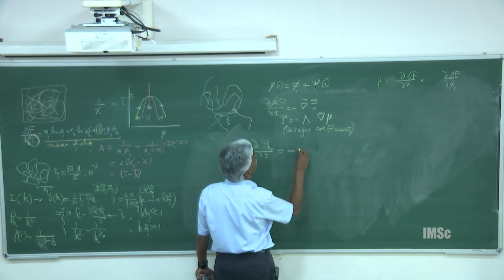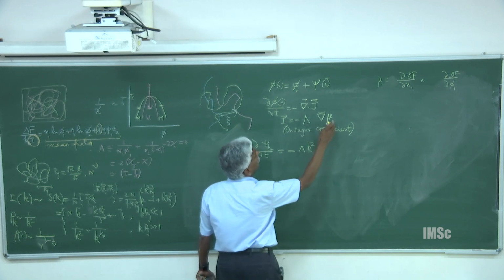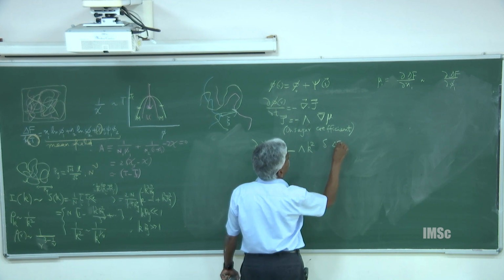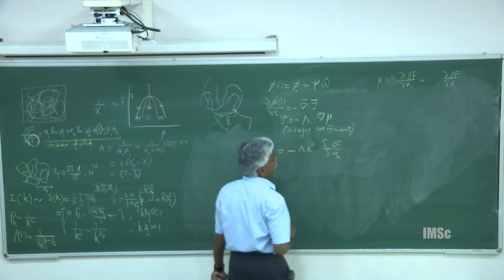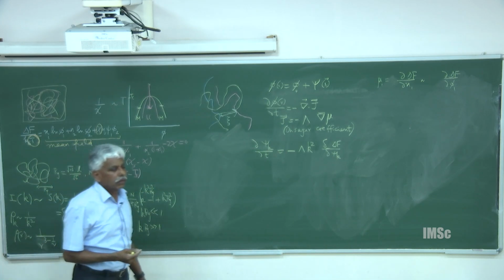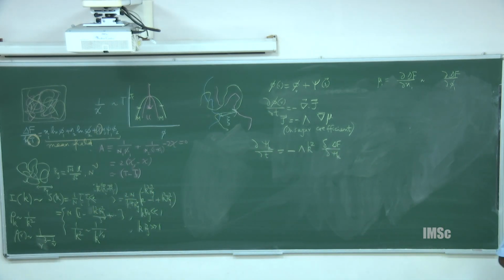Therefore, I get a negative lambda k square, right? And the gradient of that would be delta f in Fourier space, delta psi k. Okay, that's the equivalent of Fick's law, or non-equilibrium time evolution of fluctuations in general.